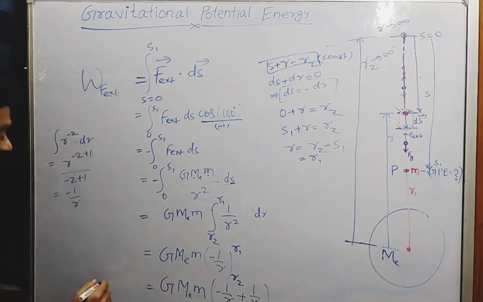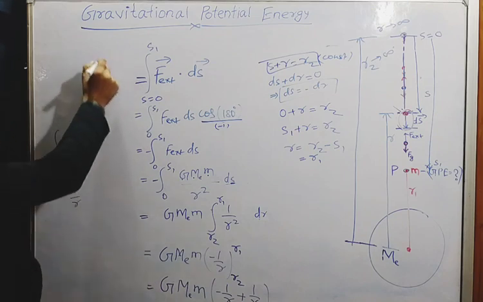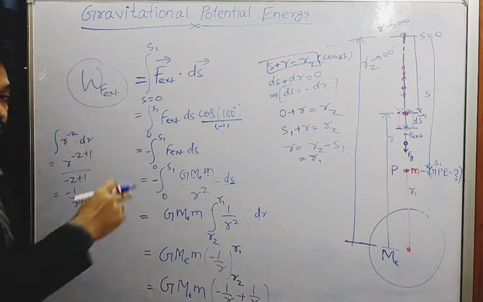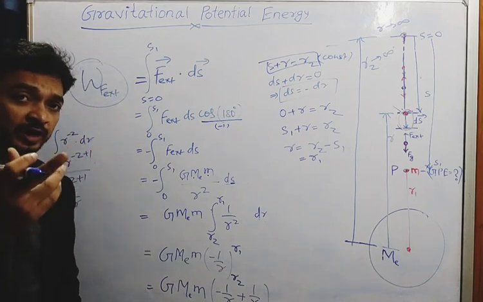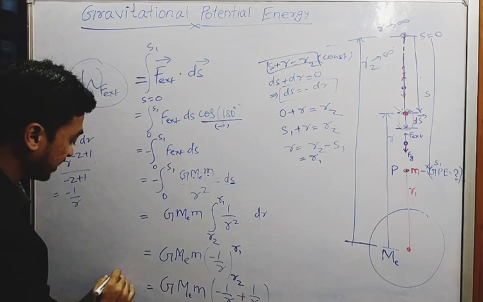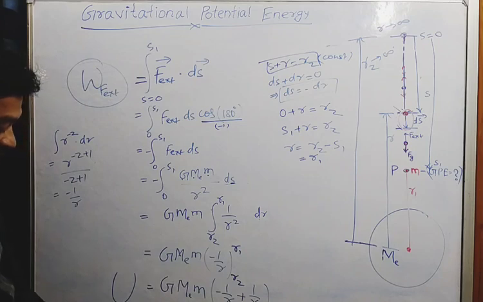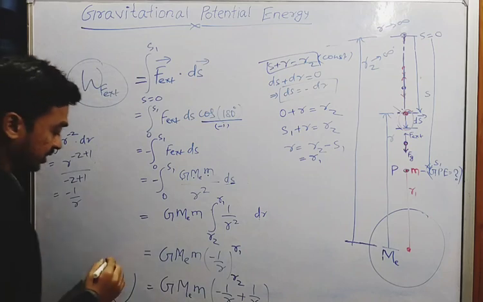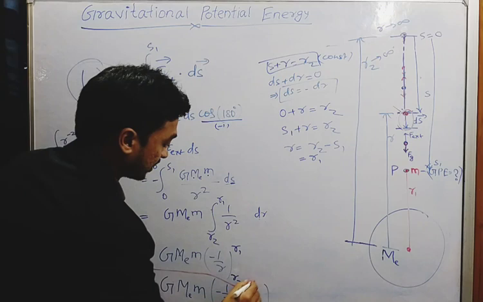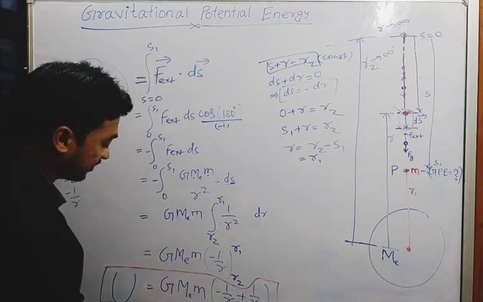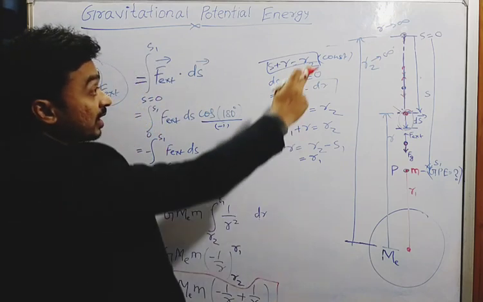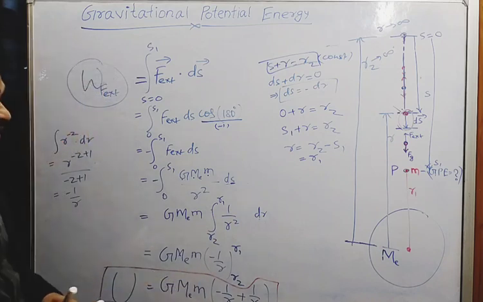This is the work done by external force, and work done by external force is the potential energy of the object, and the usual notation for potential energy of the object is capital U. This is the potential energy of the object when you are bringing it from R2 to R1.